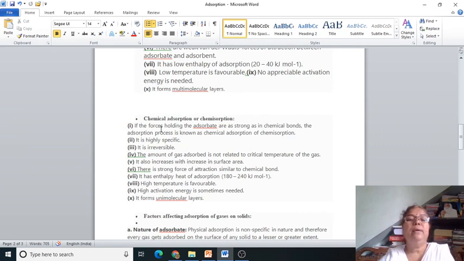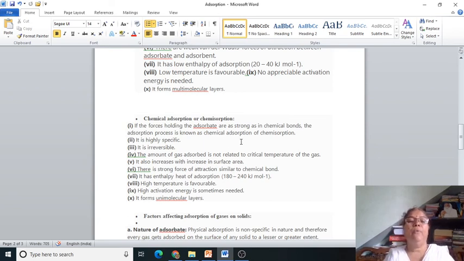Then we see a little bit regarding chemical adsorption or chemisorption. The first point you should remember is that if the forces holding the adsorbate and adsorbent are strong, as in chemical bonds, the adsorption process is known as chemical adsorption.